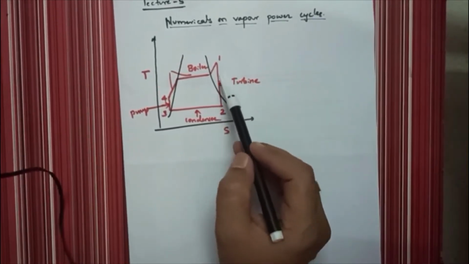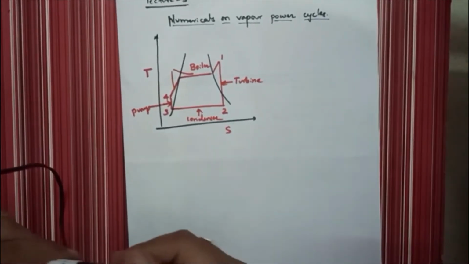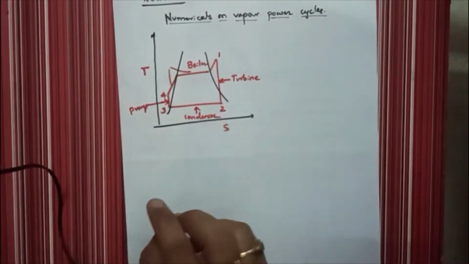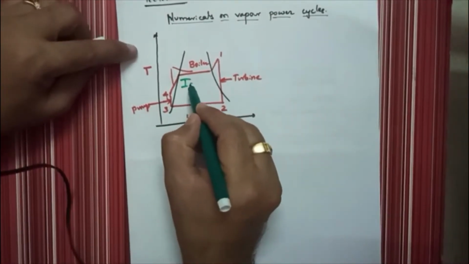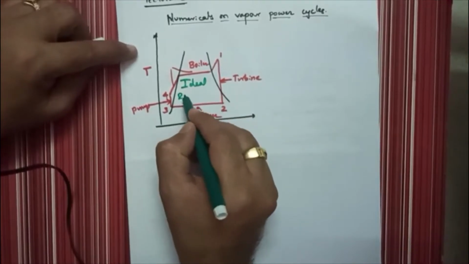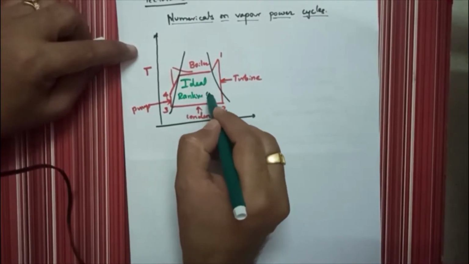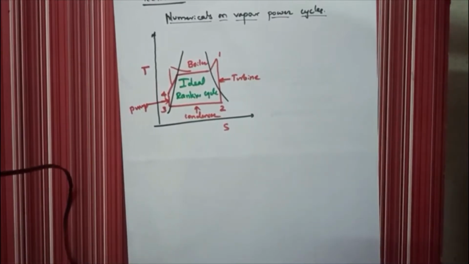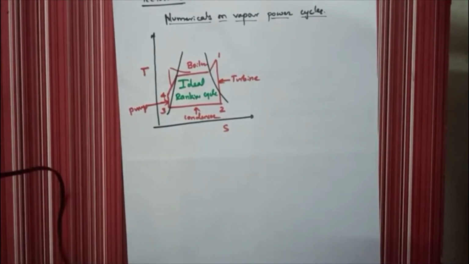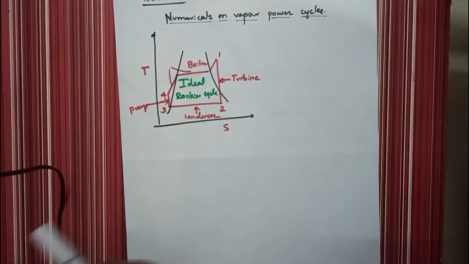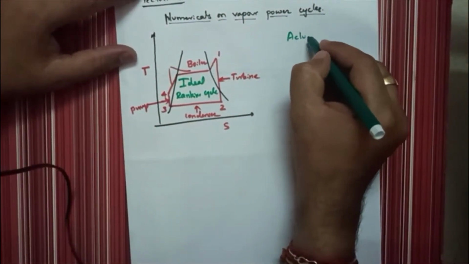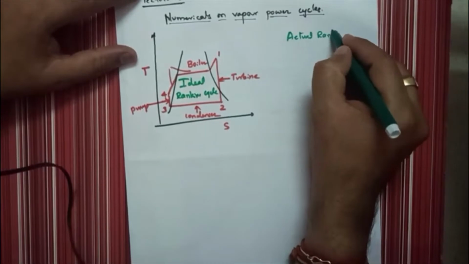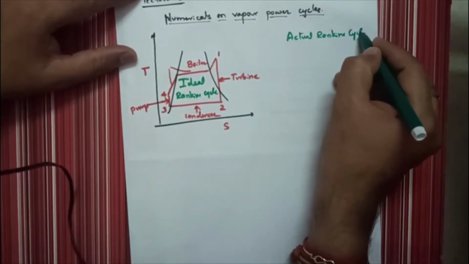Okay, so this is an ideal Rankine cycle. If I ask you what is the actual Rankine cycle, what is the difference between ideal and actual Rankine cycle? Here I will write actual Rankine cycle.